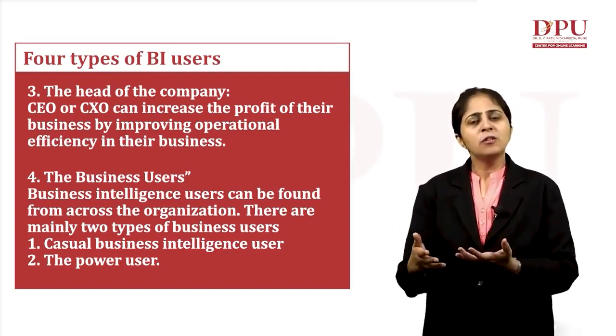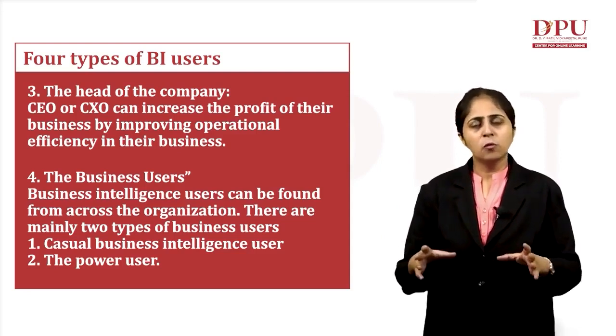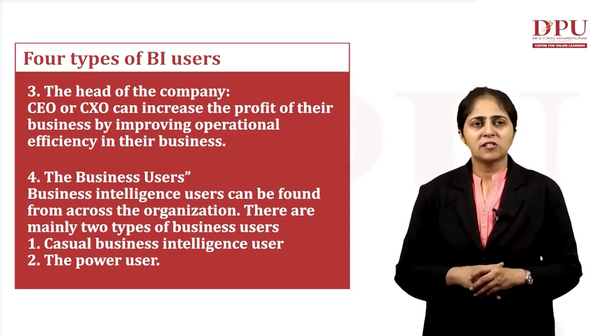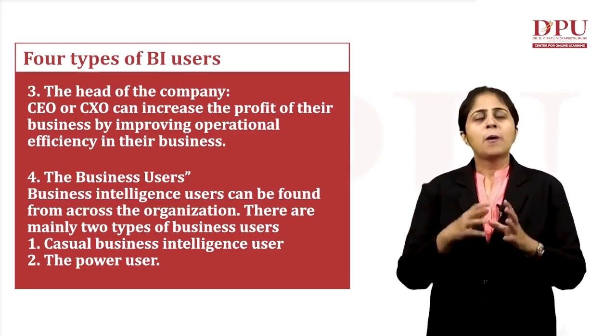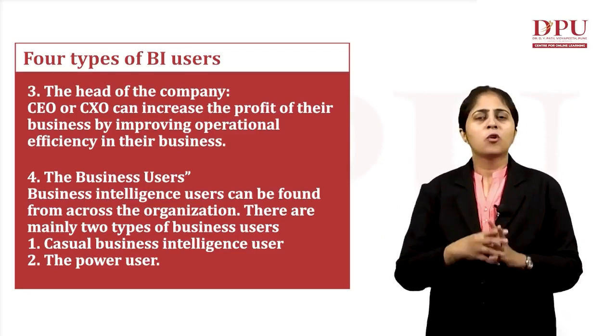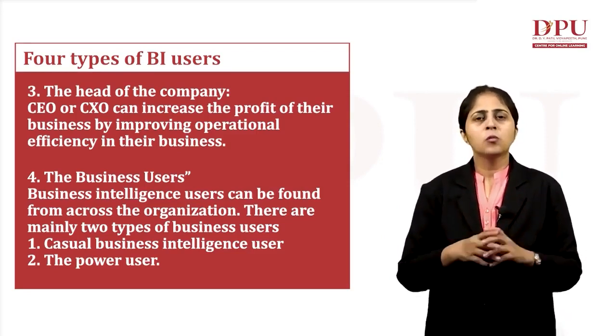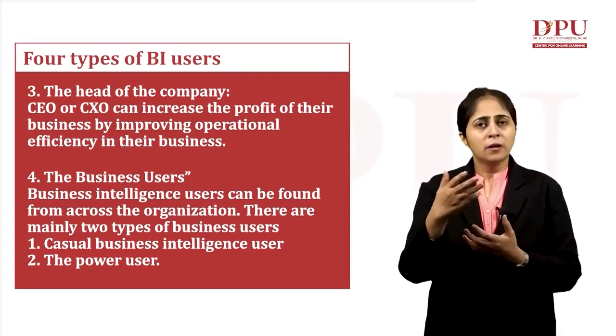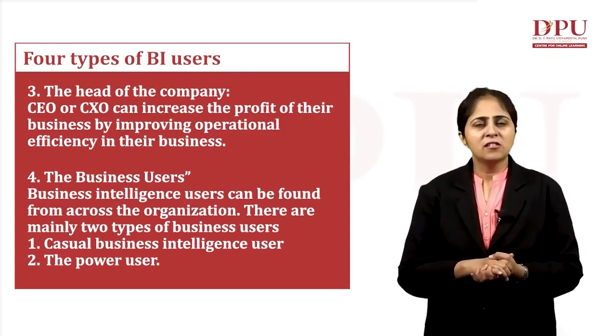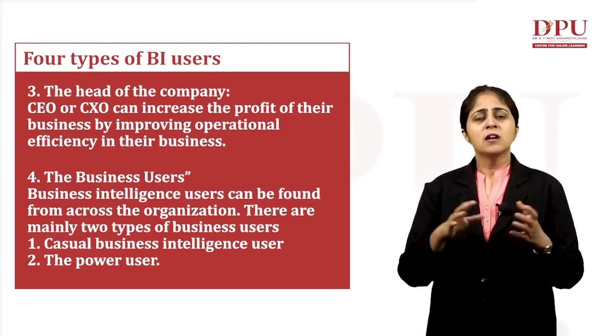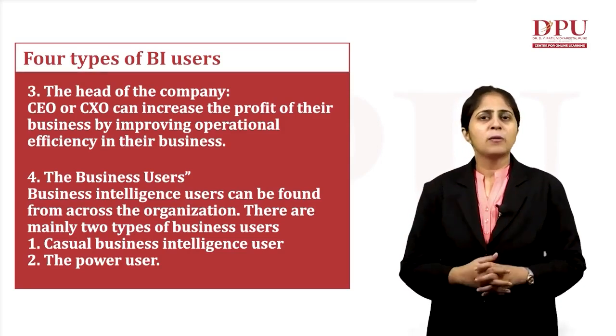So these are the casual business intelligence users who can use this tool. Then there are the power users, who have more authority in the organization, who can work on the betterment of taking decisions in the organization. So these are the power users.